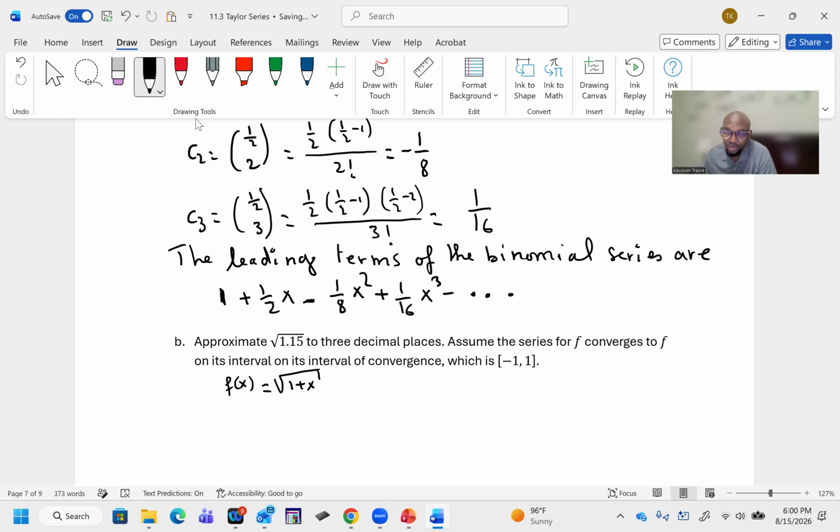So the Taylor polynomial P sub n, which we find here, can be used to approximate because 1.15 means x will be equal to 0.15, right? Why? Because f of 0.15 will be equal to the square root of 1.15.